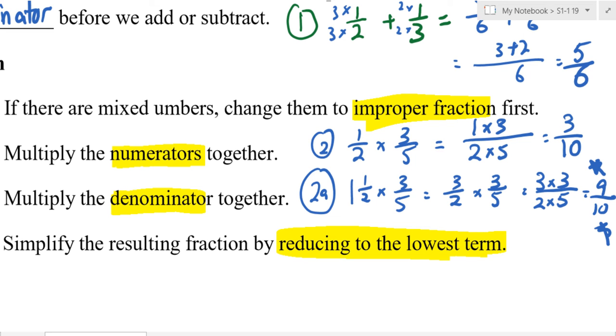You think that you want to take 3 times 5, 3 times 2. No. Top times top, bottom times bottom. Change that thinking. Multiply the numerators together, multiply the denominators together. So nothing to do with cross.